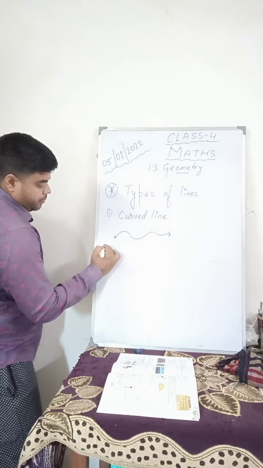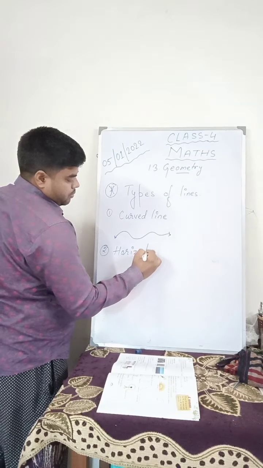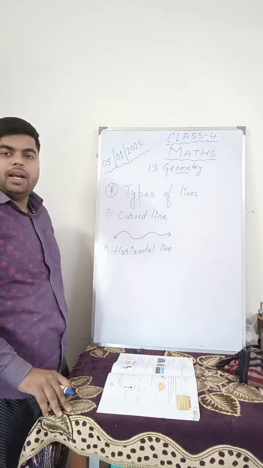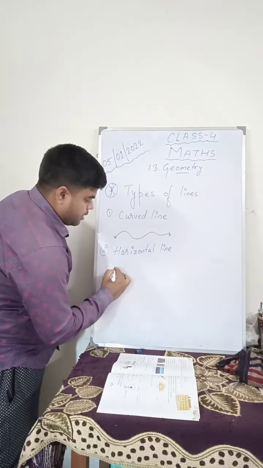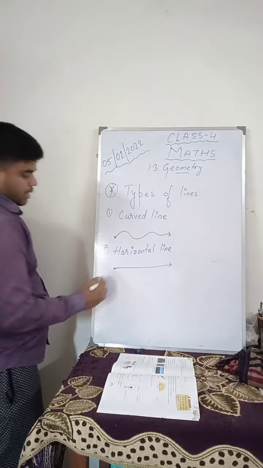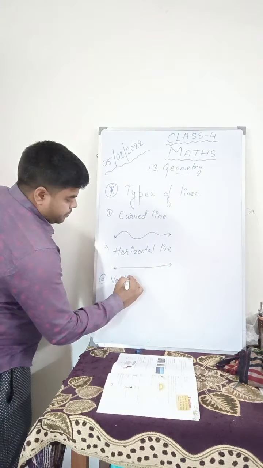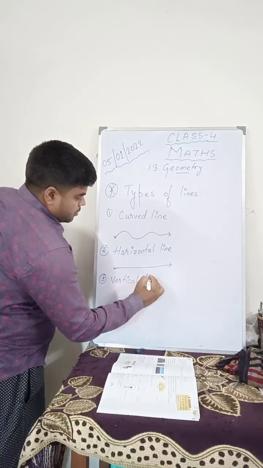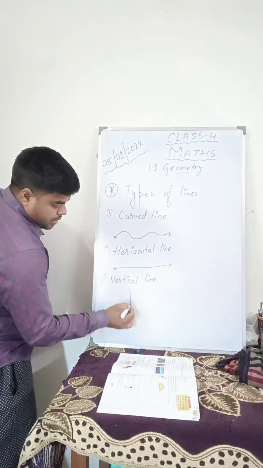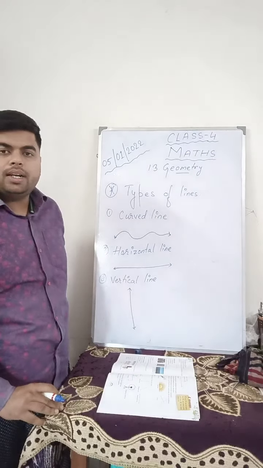Number 2, horizontal line. A horizontal line is a line that is lying flat. This is horizontal. Number 3, you will write vertical line. A vertical line is a line straight upright. This is a vertical line.